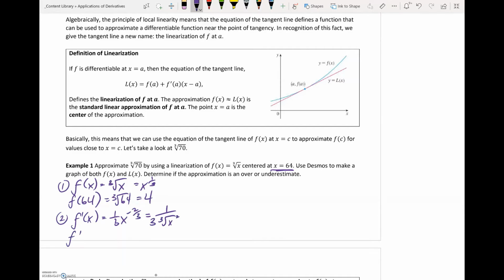So f prime of 64 is 1/3 times the cube root of 64 squared. In other words, this is 1 over 3 times 4 to the power of 2, which is 1/48. Now we can put this together in L of x.